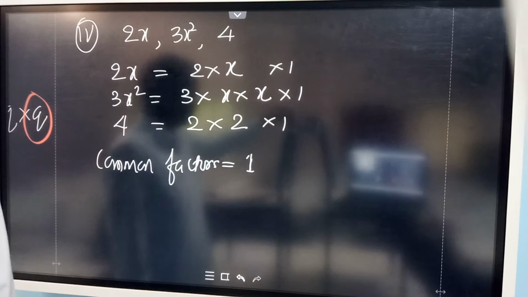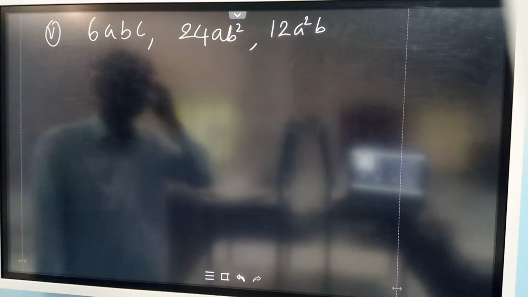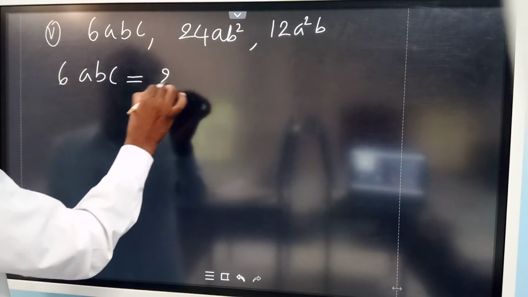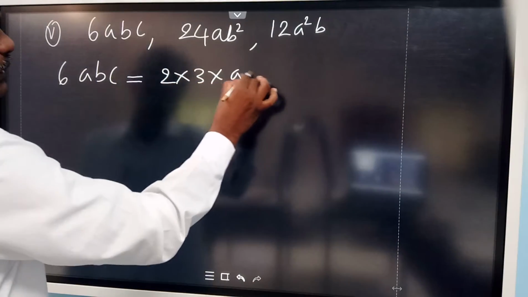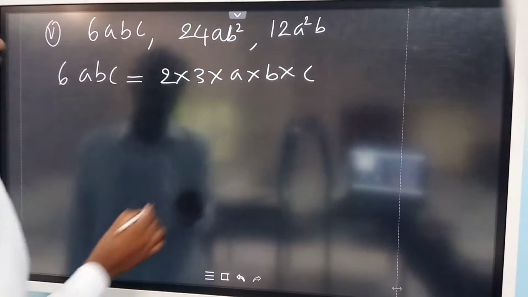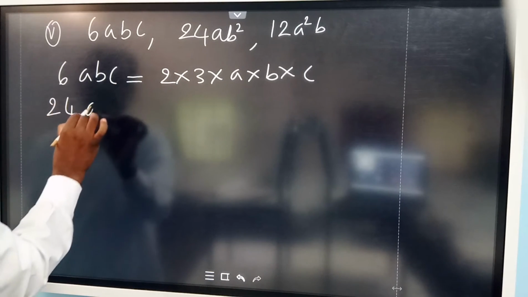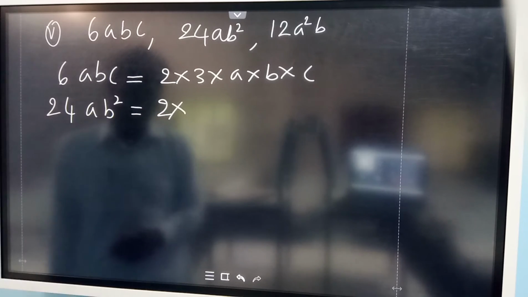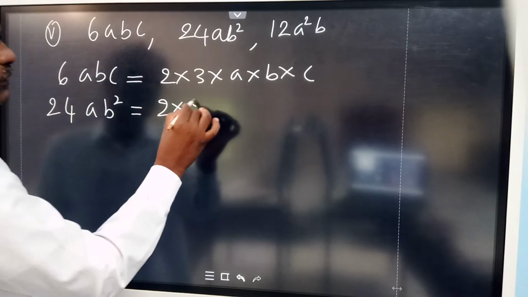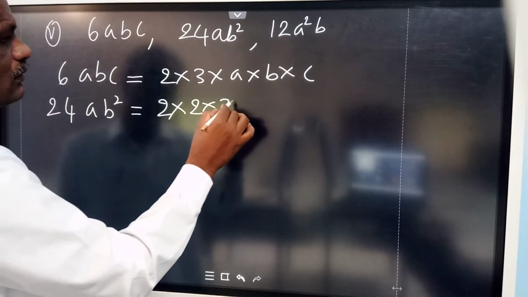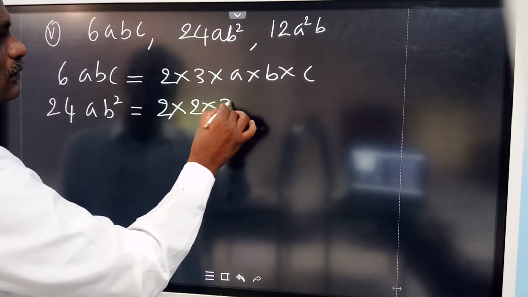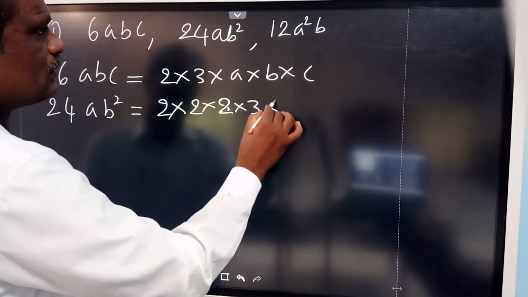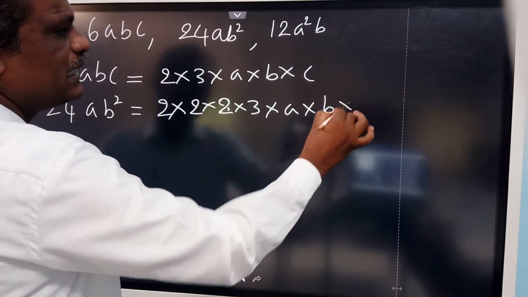So next question. First term 6abc. Split this one: 2 into 3. Then 24ab square: 2 into 2 into 2 into 3, then a into b into b.